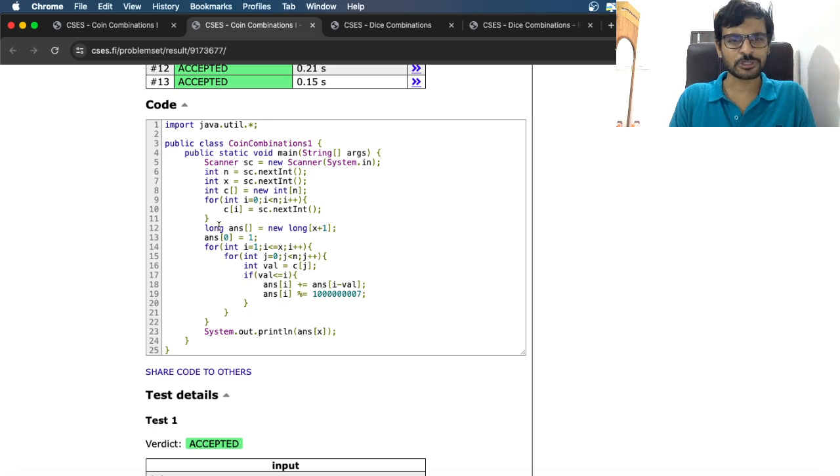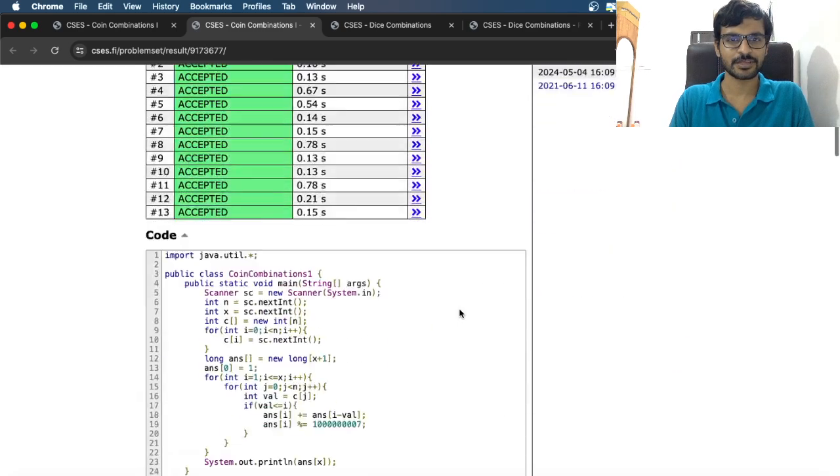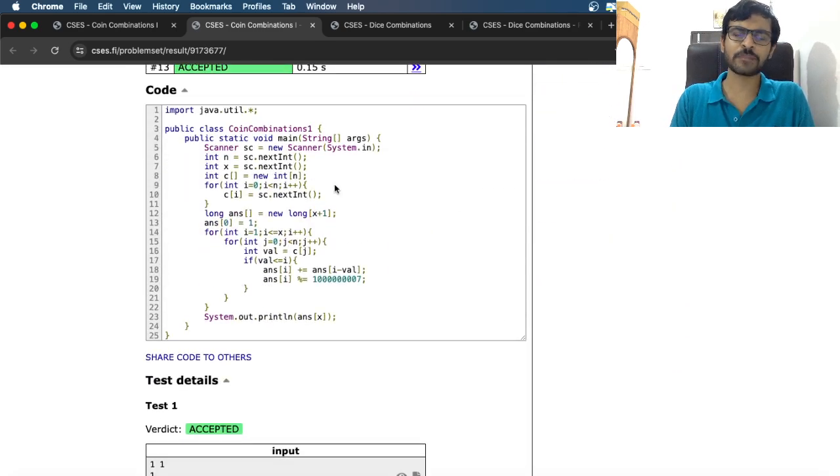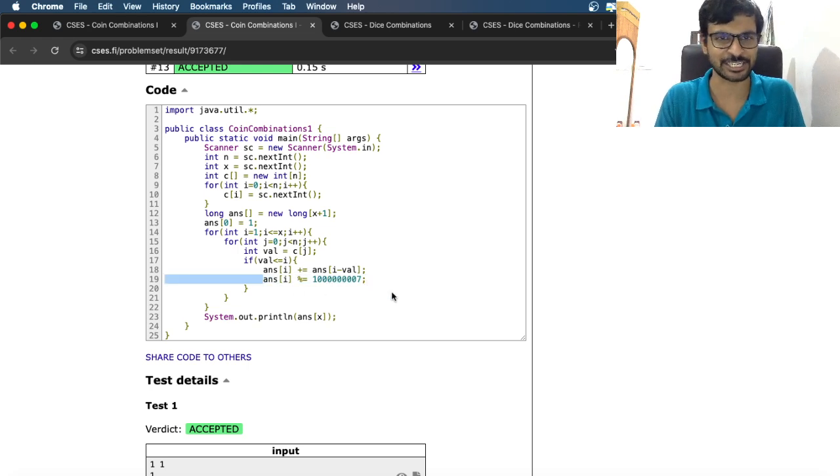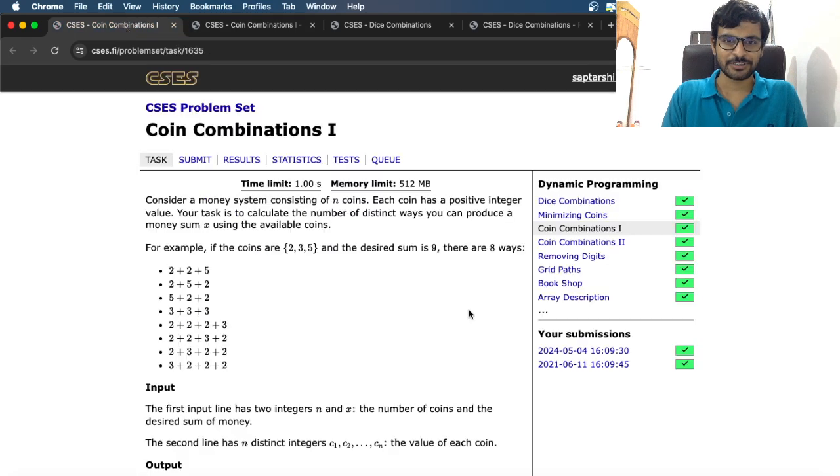Otherwise, you can take long also. In this case, I've taken long, so not much worry. We can do it at the end as well. So at the end, this is the answer. Whether we can do it at the end or not depends on how big the sum becomes. So almost always, it is better to do this modulus instantly. So that's it. This is how all the number of ways problems can be solved.